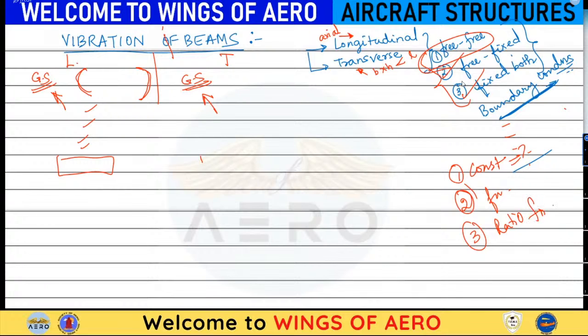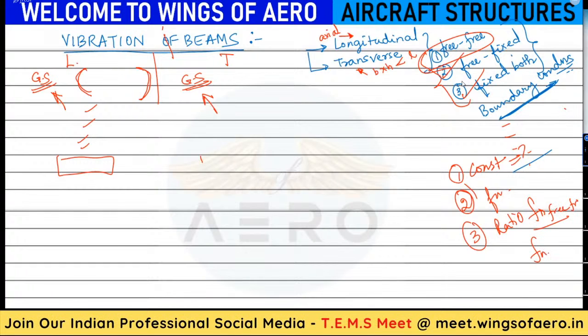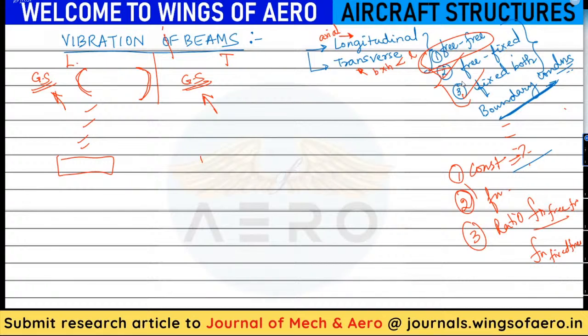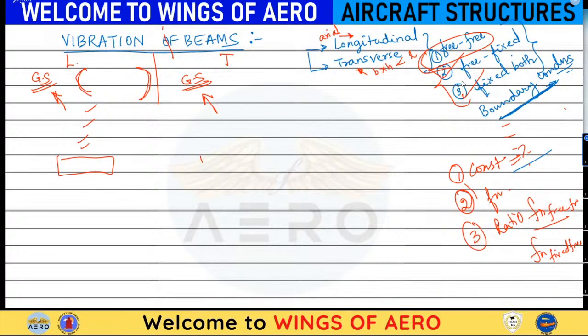Ratio of frequency means they will give you two categories, like free-free and fixed-free, so what will be the ratios? Either you can remember the final expression, or it is very important to know the derivation of this particular topic.